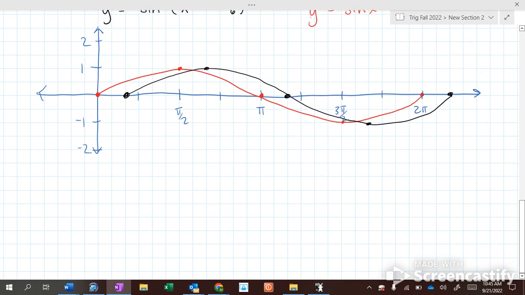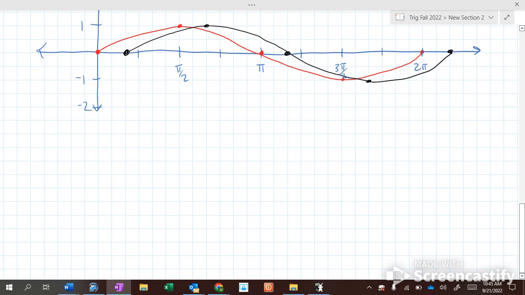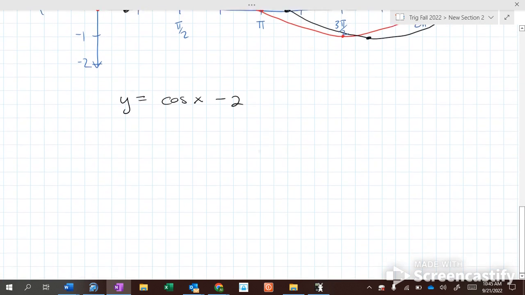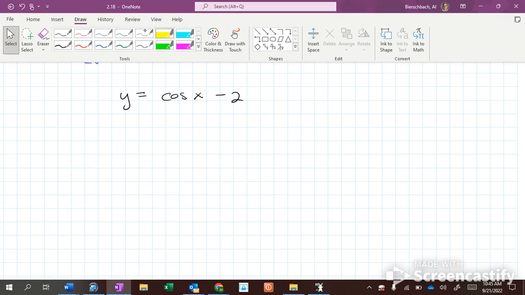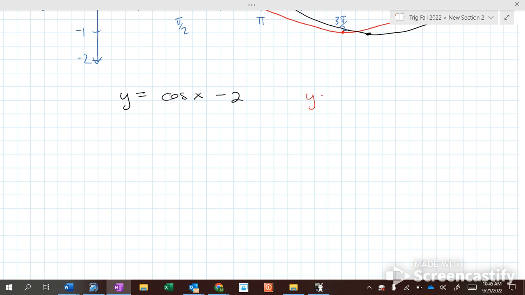Now we'll do one that's a shift down. Let's say we have y equals cosine of x minus 2. Again, we're going to first graph y equals cosine of x.